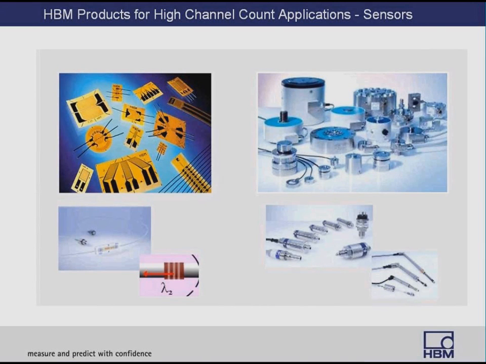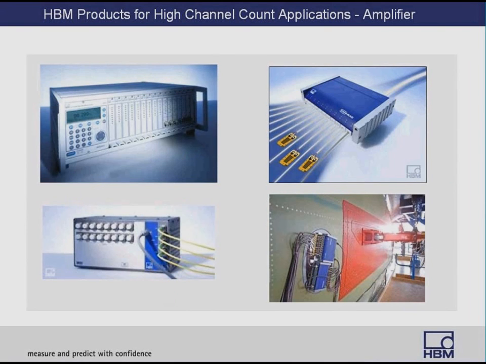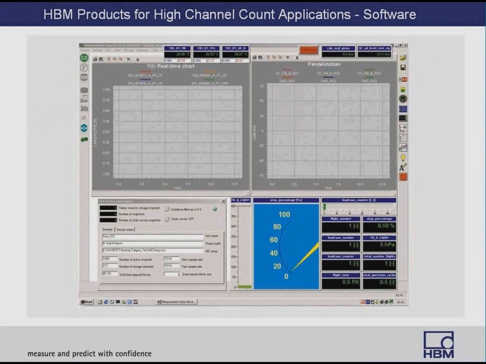As you can see here, there are some examples of the products that are provided by HBM, like strain gauges, force transducers, optical strain gauges, pressure and displacement transducers, a variety of digital data acquisition systems supporting centralized and also decentralized setup of your data acquisition, a mature software suite for data acquisition tasks, supporting all the relevant functions that are necessary to run a data acquisition on large channel count tests, including also interfacing to control systems.